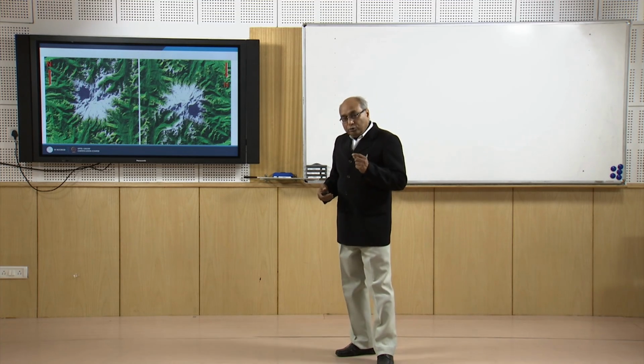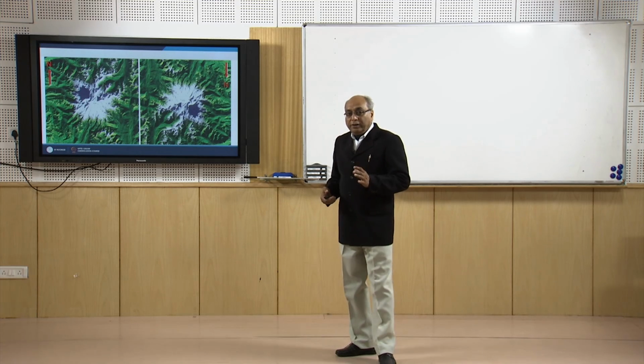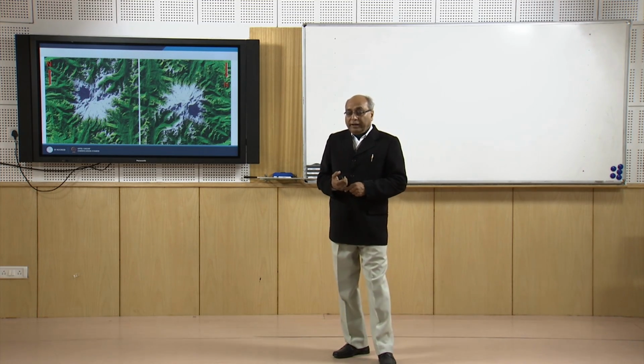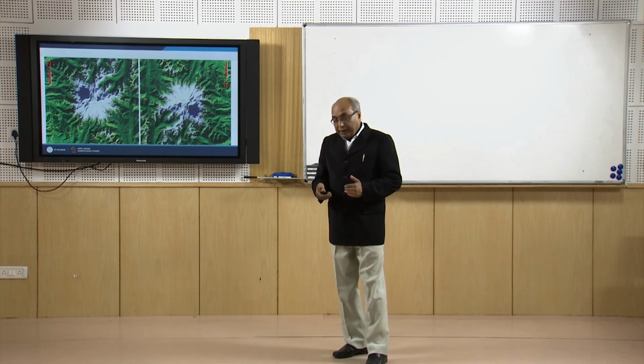So while using shadow during interpretation, one has to be very careful about which direction the shadow is falling, and keep the illumination in the same hemisphere where the interpreter is present.